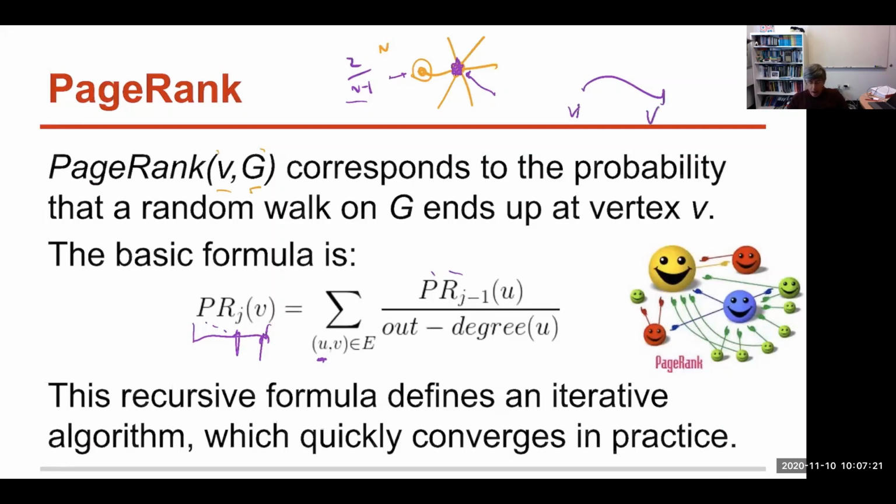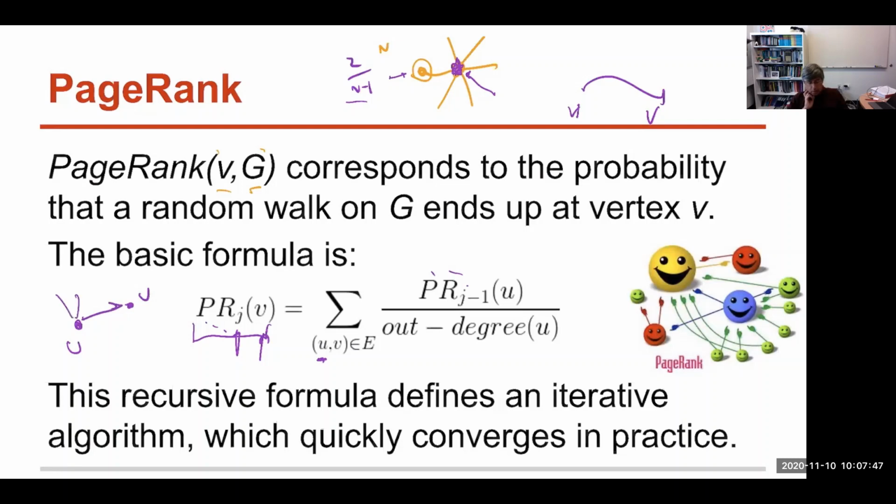If the PageRank at j minus 1 of u was the probability I was at u at time j minus 1, the previous step, what is the probability that I will walk from there to v?